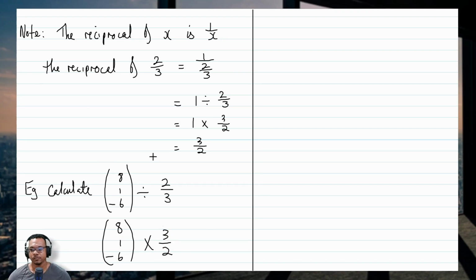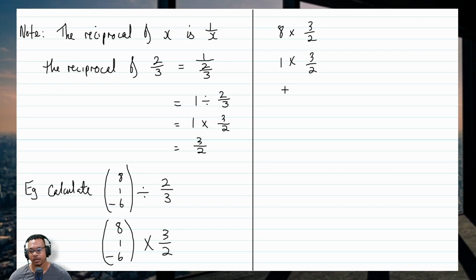So let's do that across here. We're going to have 8 by 3/2, and I can put the 8 over 1. We could save ourselves some lines there, I'm just being a teacher and taking it step by step.